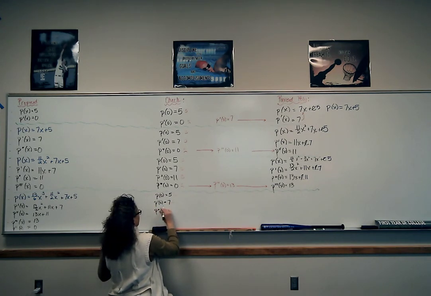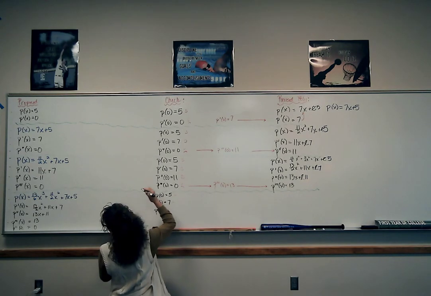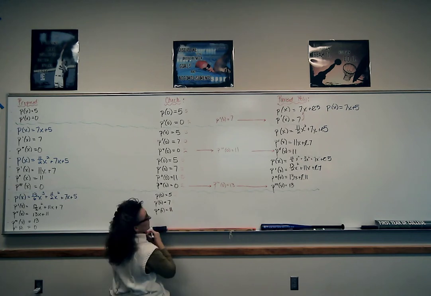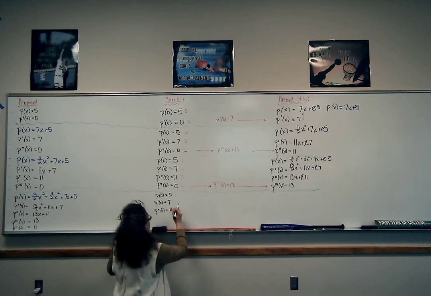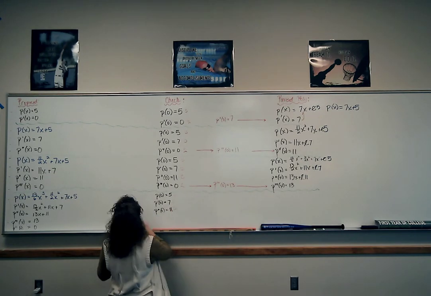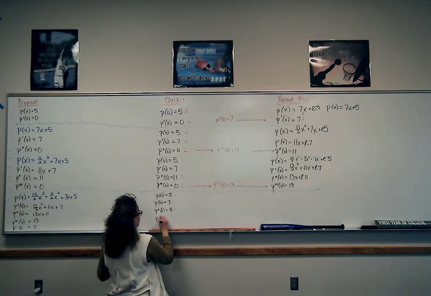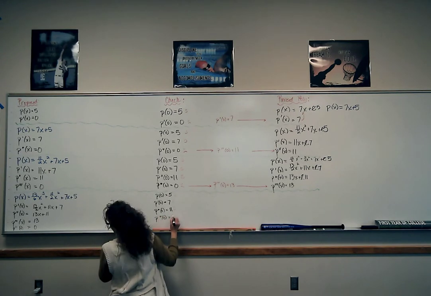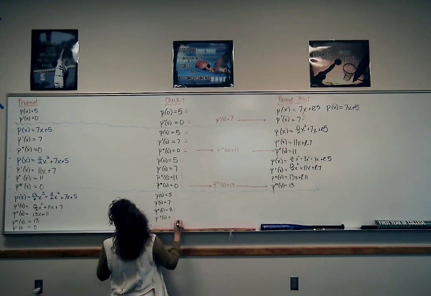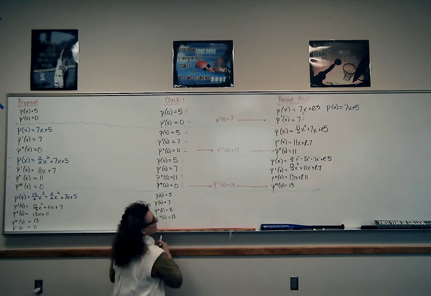Double prime at 0, sub in 0. 0 plus 11 is 11. P double prime, yes. Triple prime, sub in 0, I get 13. Does that match? Yes.